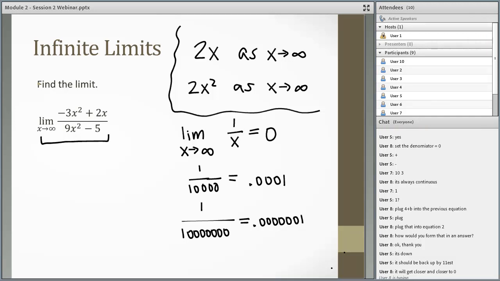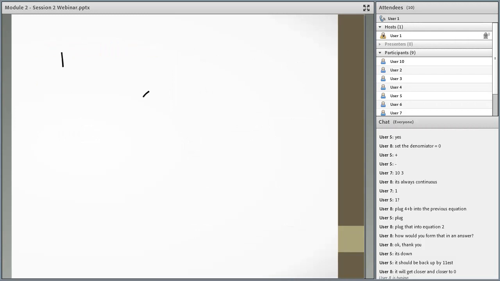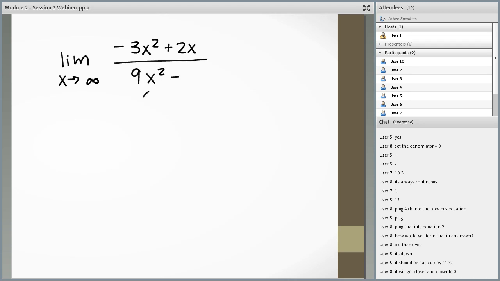So the easiest thing to do, let me see if I have another page. Oh, good. Let me rewrite the limit here. I basically want to try to get each one of these terms in some form of 1 over x or any constant over something x related.